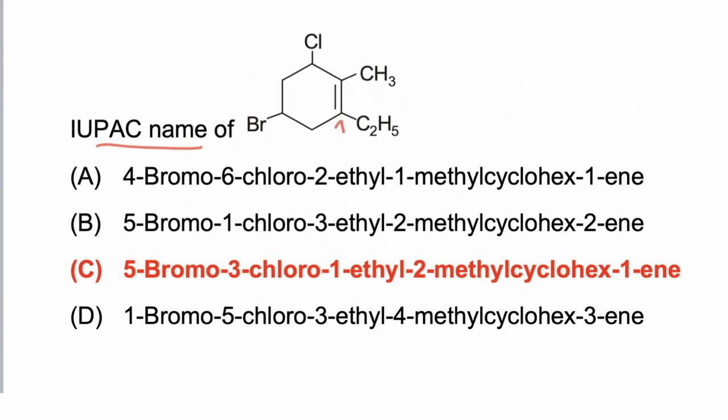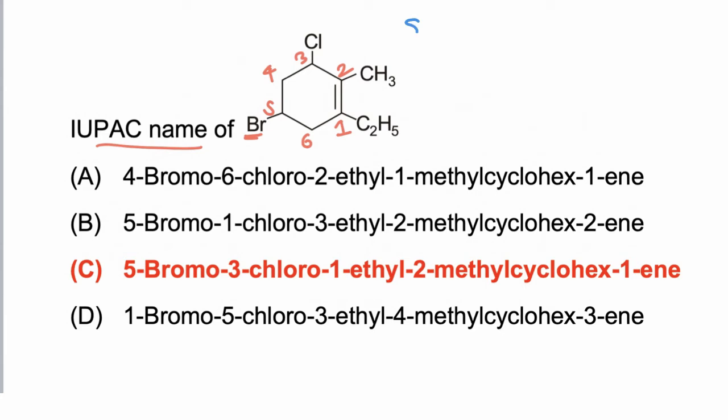Now we have to follow the lowest set of locants rule. The main chain is 6 carbon, and locants are present at 1, 2, 3 and 5 positions. Substituents are written in alphabetical order: first bromo, then chloro, then ethyl and then methyl.